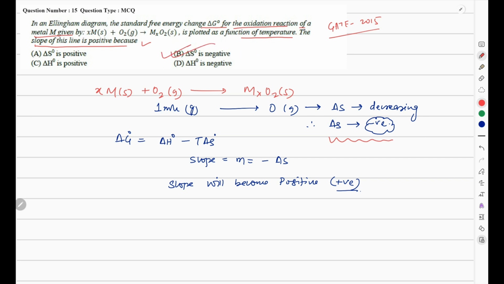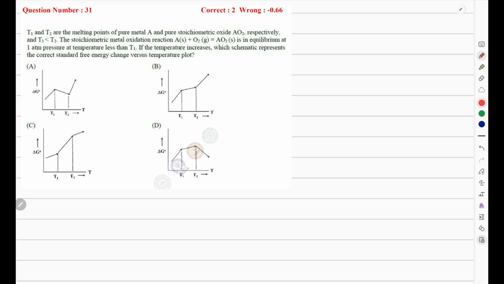Now moving to the next question. This question is from GATE 2017. According to the question, T1 and T2 are the melting points of pure metal A and pure stoichiometric oxide AO2 respectively, and T1 is less than T2.